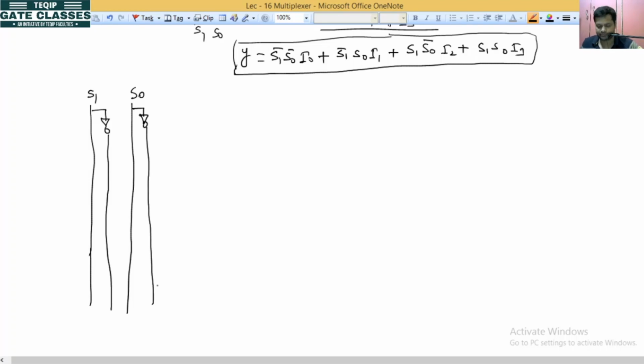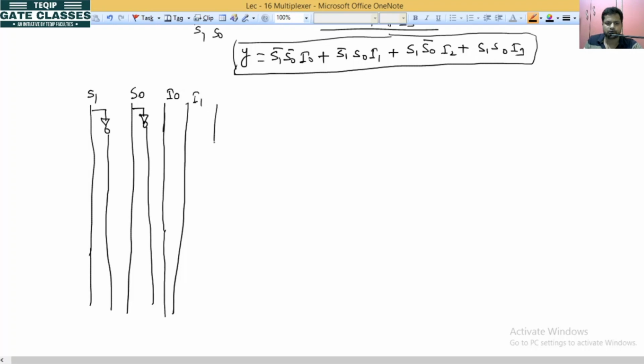Now we have I0, I1, I2, I3 as inputs. This one is I0, this one is I1, this one is I2, this one is I3. Okay? So what will be the value of this? How do we have to implement it? So S1 bar you get from here.